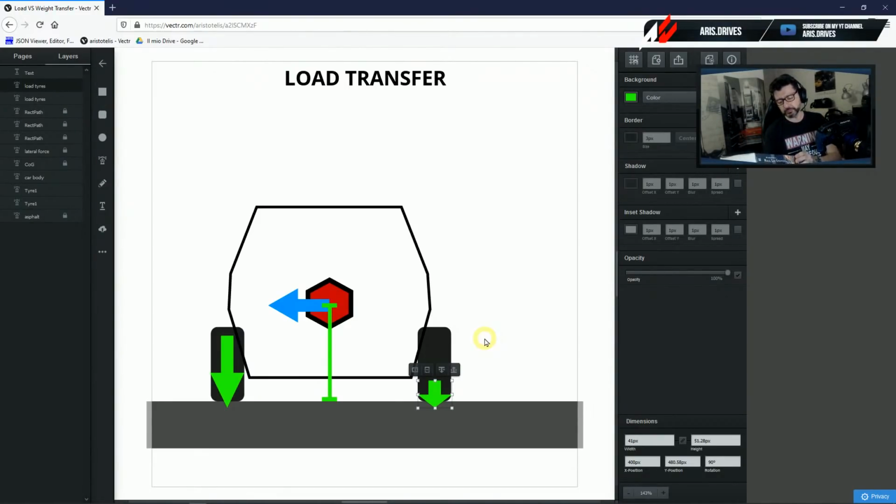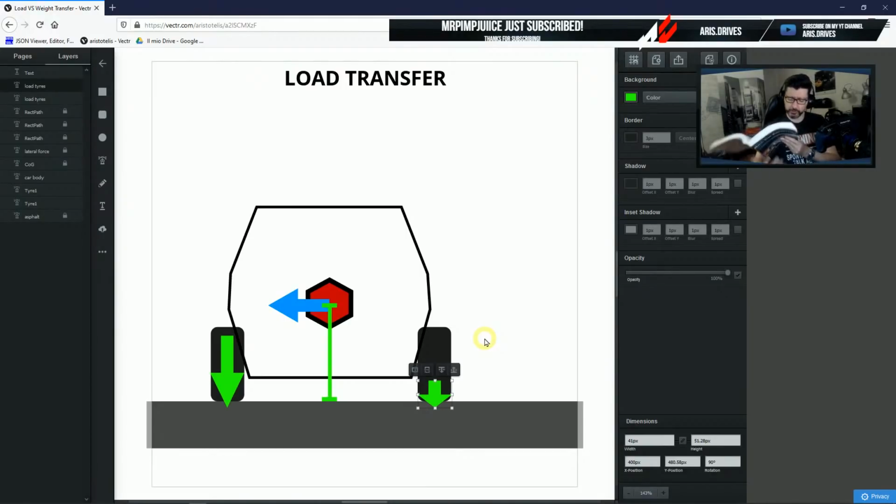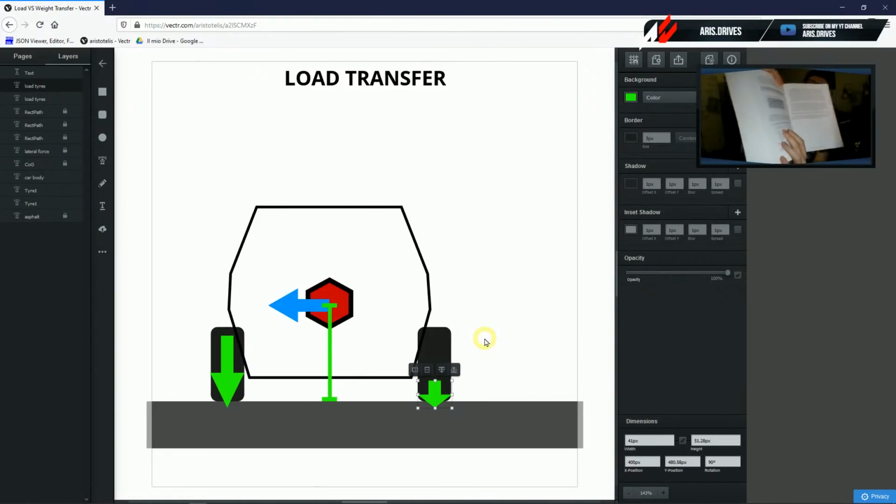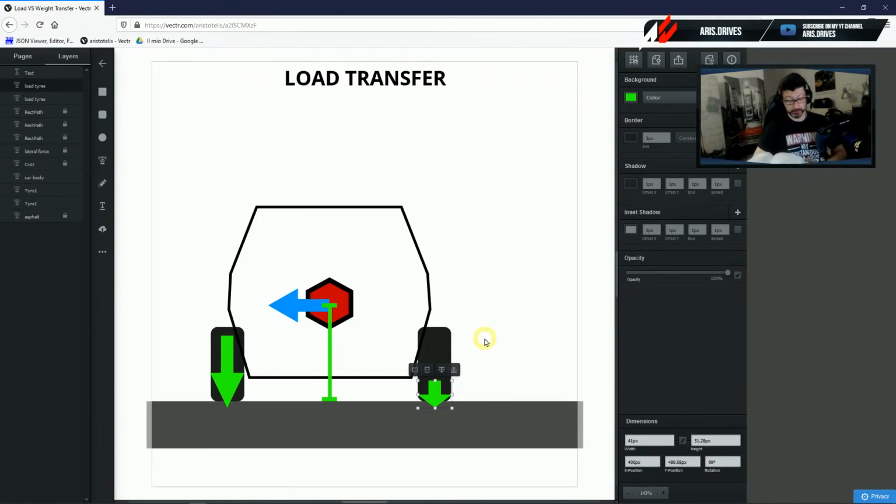It has tons and tons of information. On this page, we have the formula for the load transfer, and I will write it down for you.